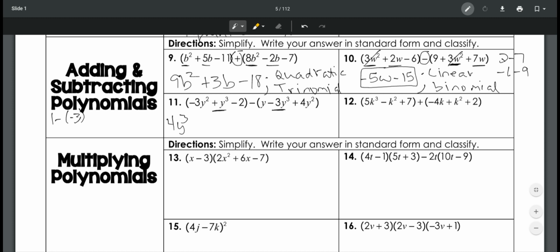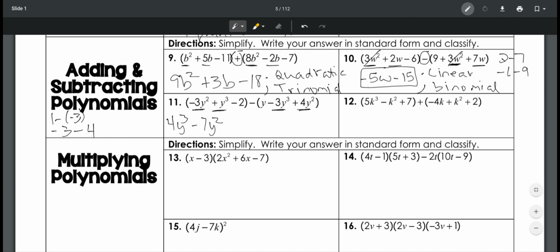The next thing I'm going to do is look at my y squared because that is 1 degree less than where I started. So I have negative 3y squared in the first parentheses and 4y squared in the second. I should be thinking negative 3 minus 4, which gives me negative 7y squared.